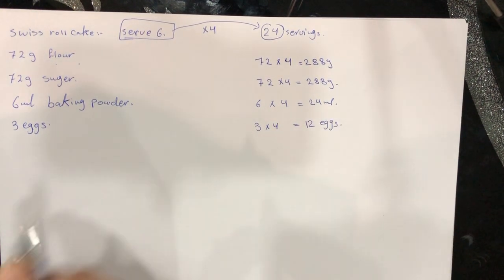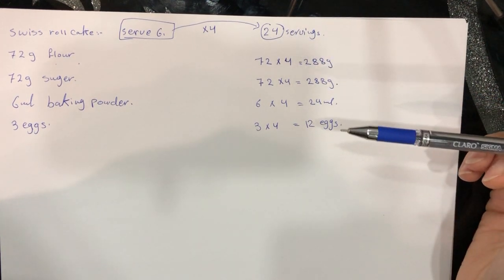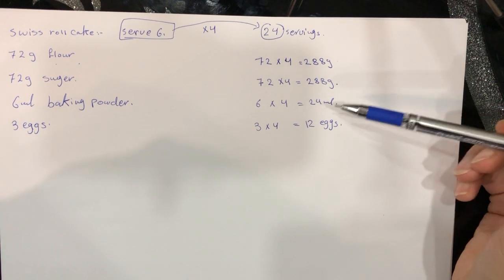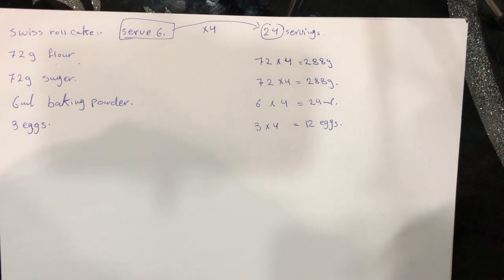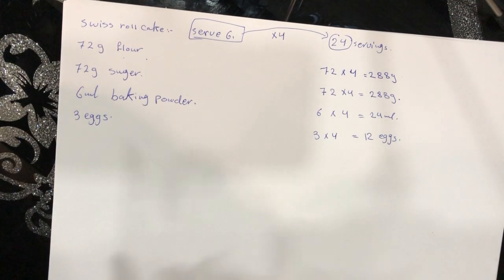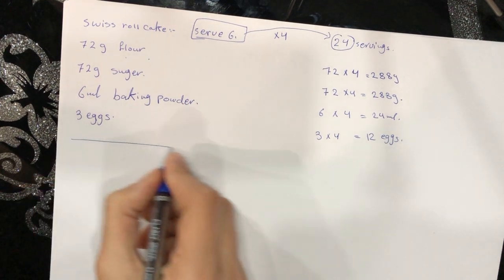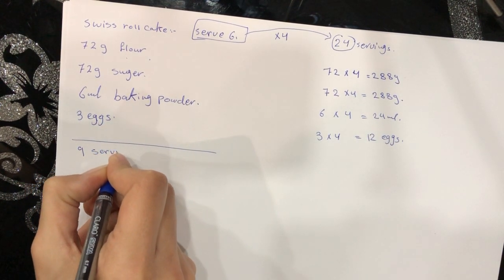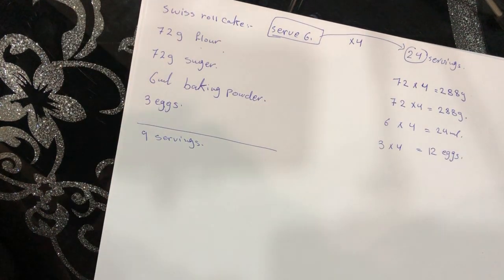So the new ingredients to make a Swiss roll cake that will serve 24 people is 288 grams of flour, 288 grams of sugar, 24 milliliters of baking powder, 12 eggs. And then he's asking me to find the ingredients to make a Swiss roll cake that will serve 9 people.